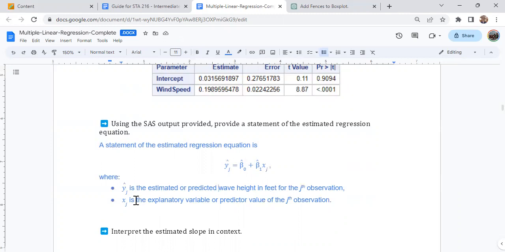And then what about x? What is x in this case? Wind speed, yeah. And then wind speed in knots. It's important to specify that it's in knots here, because I think most people would probably assume miles per hour. But a little bit of a strange unit of measurement here.